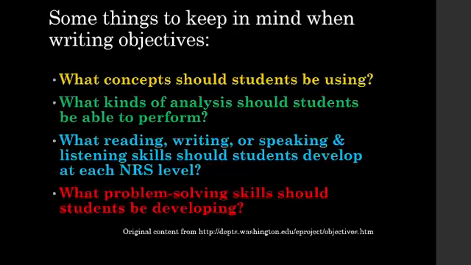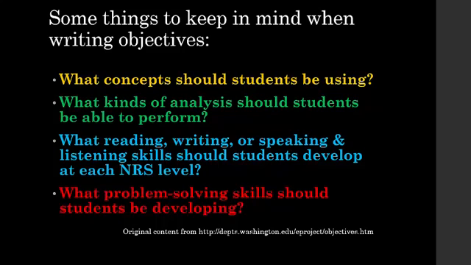Some things to keep in mind when we're writing objectives. What concepts should students be using? In other words, what do they already know that we can leverage and build on? This is information, knowledge, and skills that they have coming into this instructional unit.